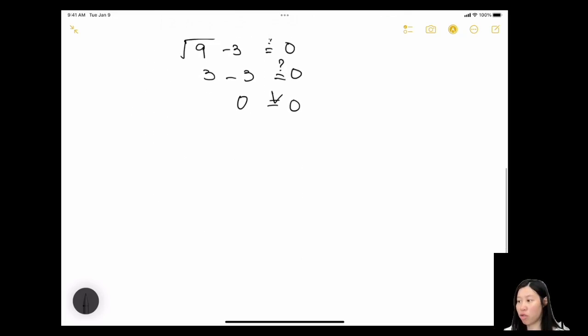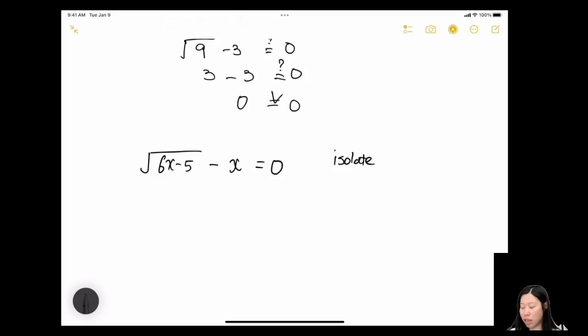Now let's do one that's slightly harder, which is the square root of 6x minus 5, minus x. It doesn't matter if the variable is inside the radical or not. Your first step is always to isolate the radical.